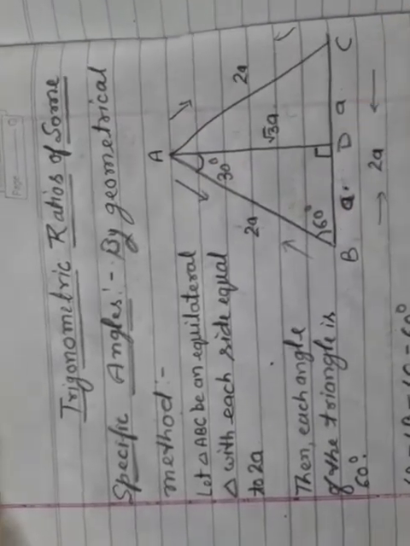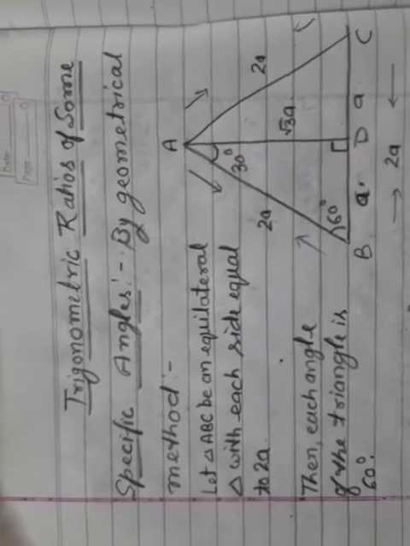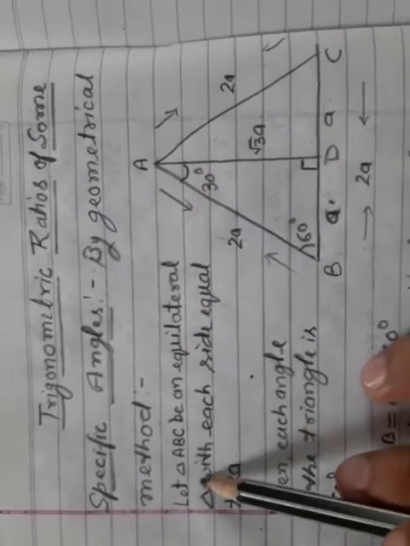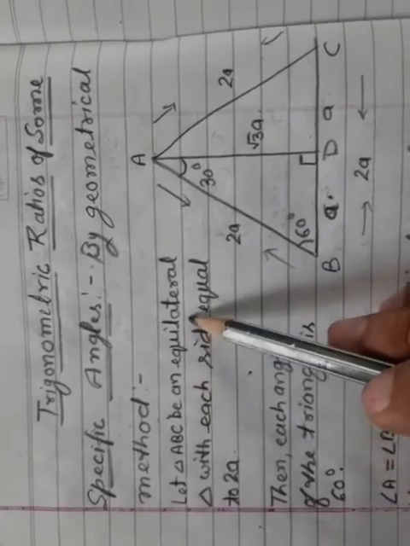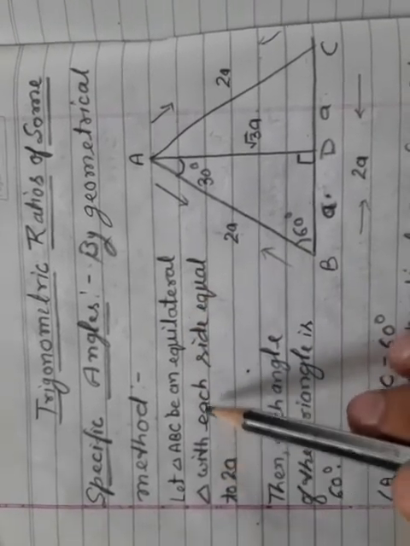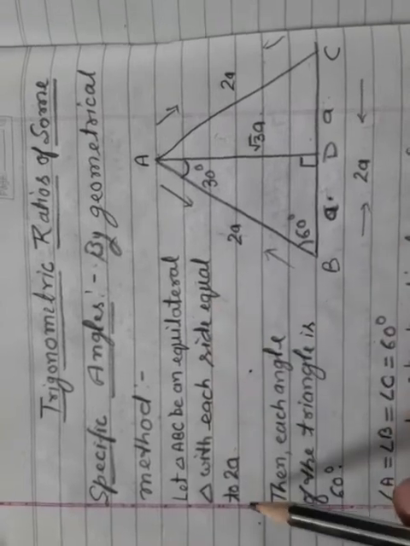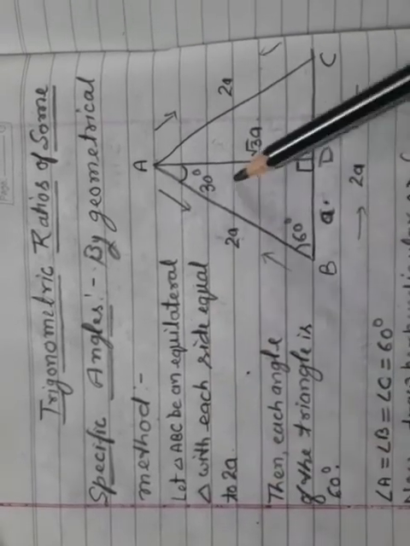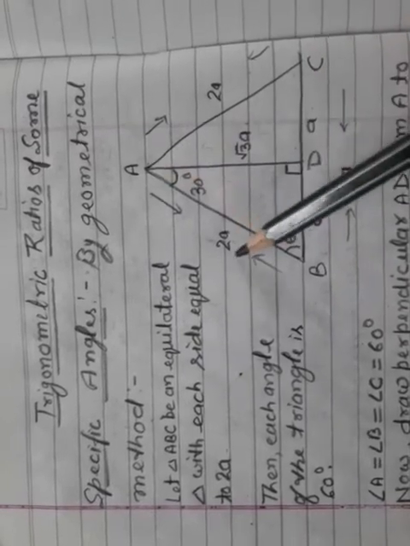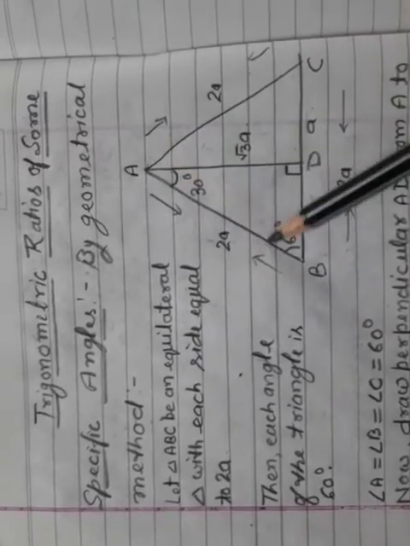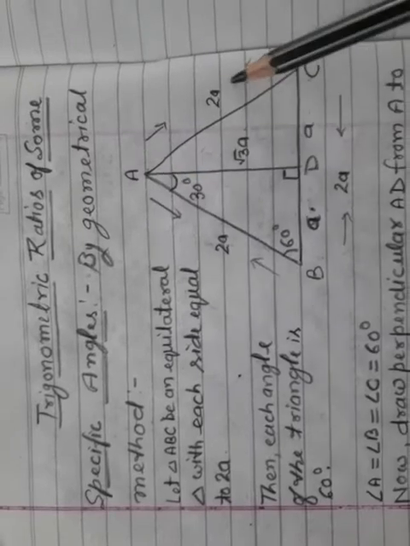In an equilateral triangle, all sides are equal and all angles are 60 degrees. Now let triangle ABC be an equilateral triangle with each side equal to 2a. AB, BC and CA are 2a.